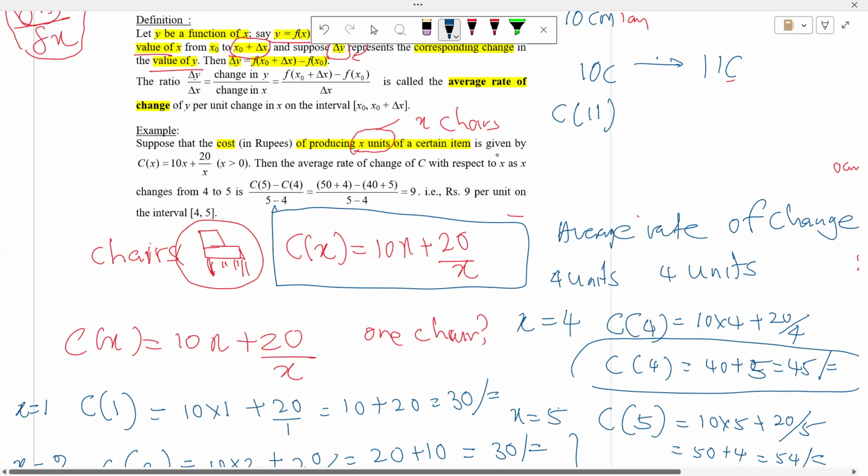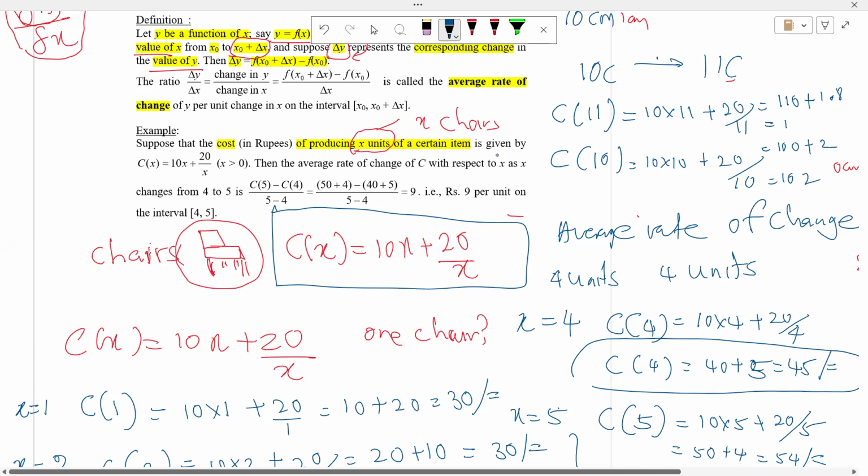So C of 11 is 10 into 11 plus 20 over 11, right? So maybe 110 plus 1.8 or something, right? Now similarly, we need to find the manufacturing cost for 10 chairs. So 10 into 10 plus 20 over 10, then 100 plus 2, 102.